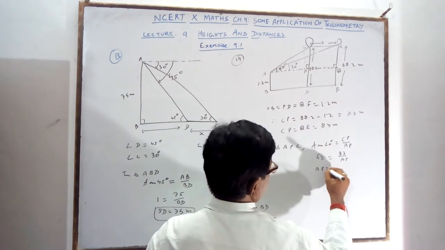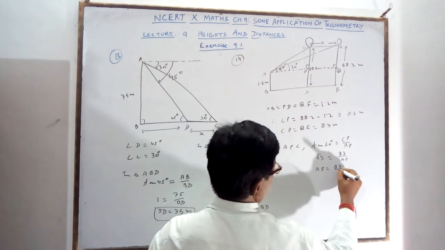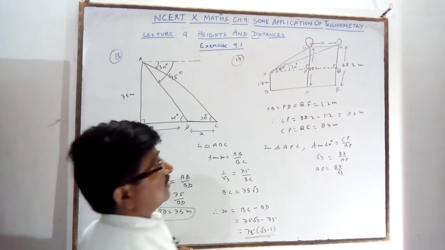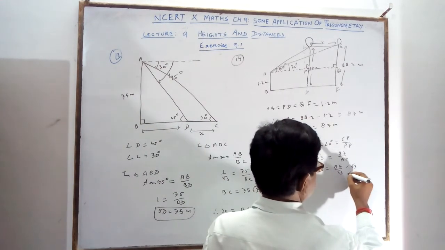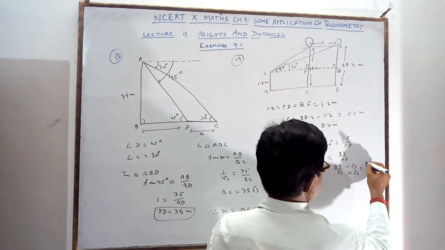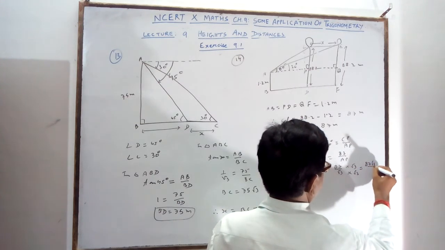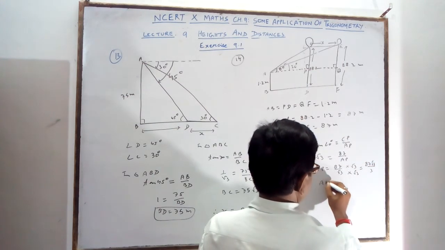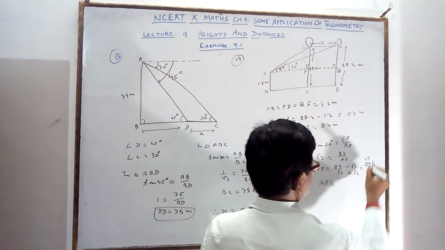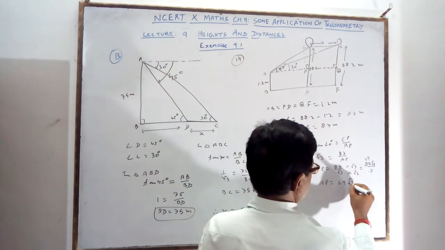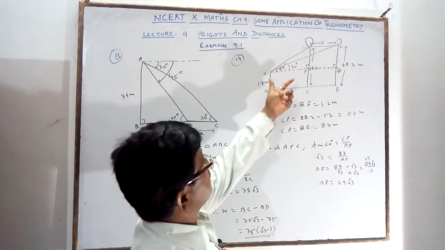So AP is equal to 87 upon root 3. You can rationalize, then it is easy. So you will get 87 root 3 upon 3. So AP is equal to 29 root 3.